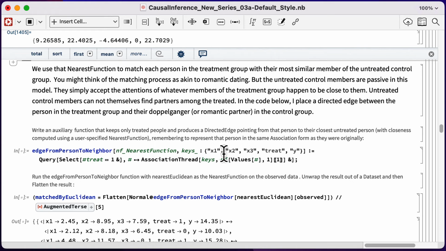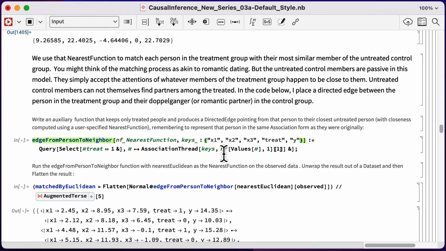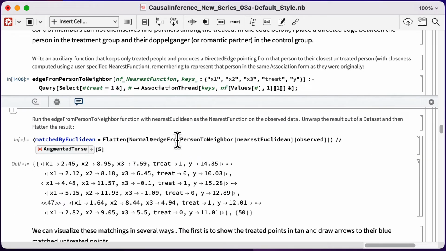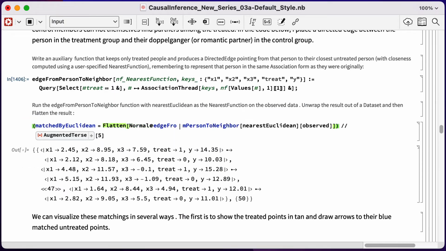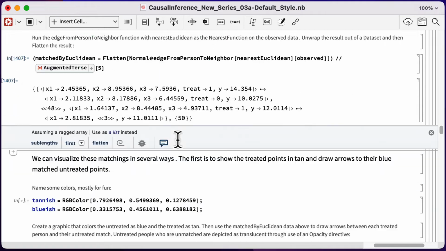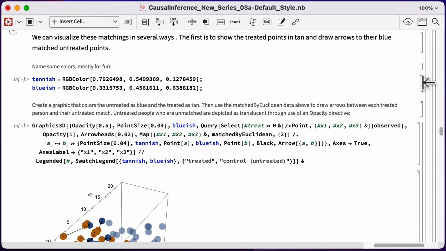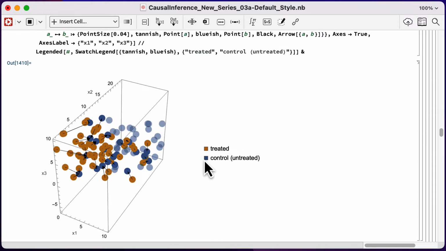What I want to do is make a little graph that's going to show you how the people match up. And I can kind of try to visualize it for you. The blue people are in the control group. They're potential partners. The treated people are the tan people.